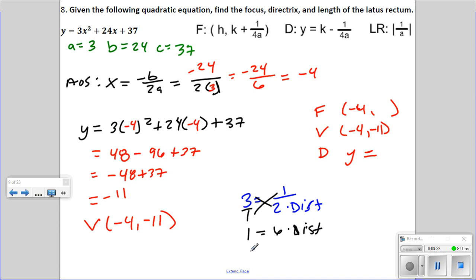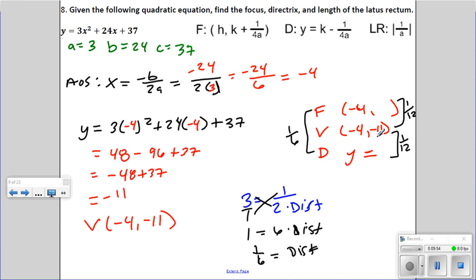So that means distance is 1 over 6. So F to D is 1 over 6. So that means V to F is 1 over 12. And V to D is 1 over 12.